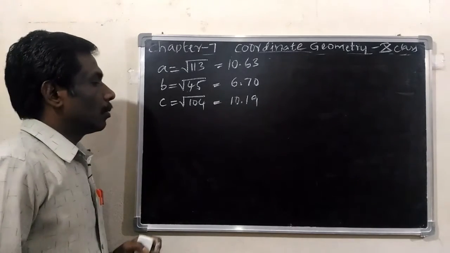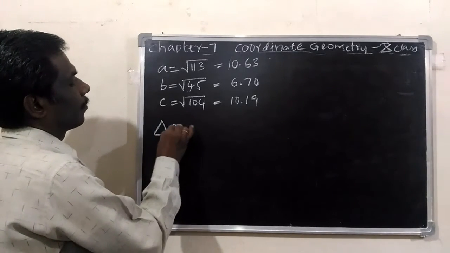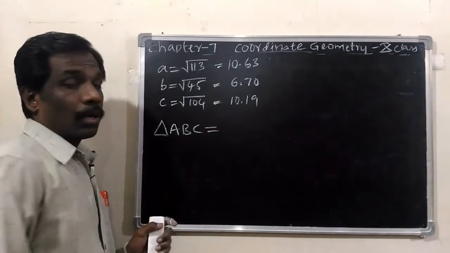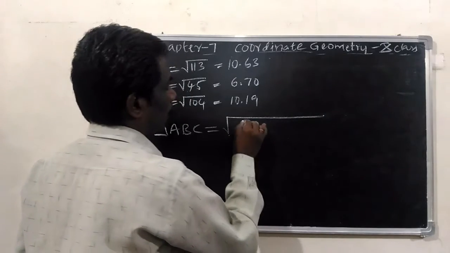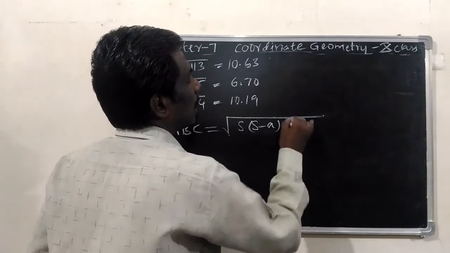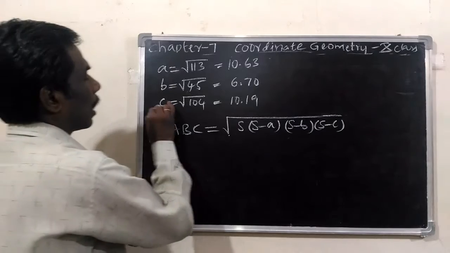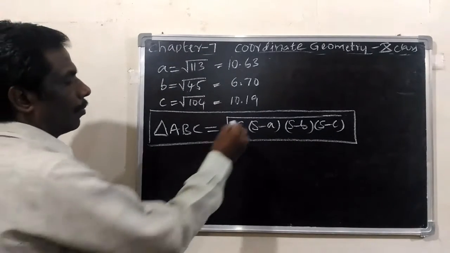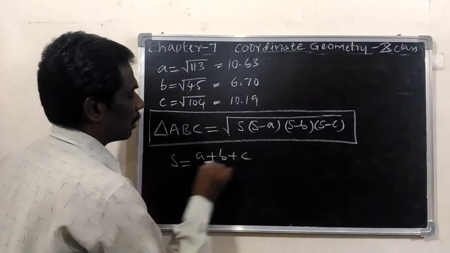Now we have to find the area of triangle ABC by Heron's formula: under root of s into (s minus a)(s minus b)(s minus c), where s equals (a plus b plus c) by 2.